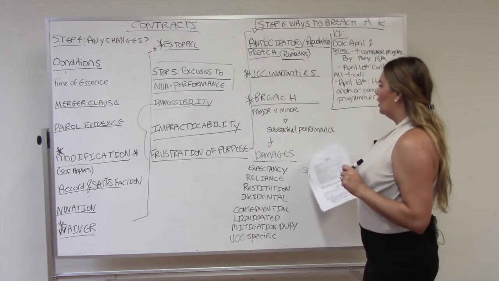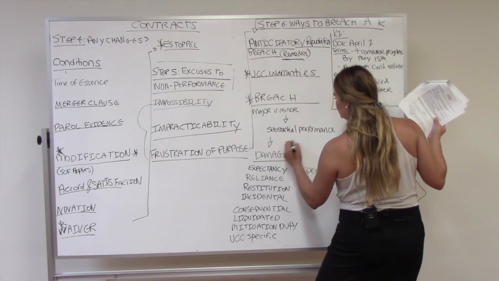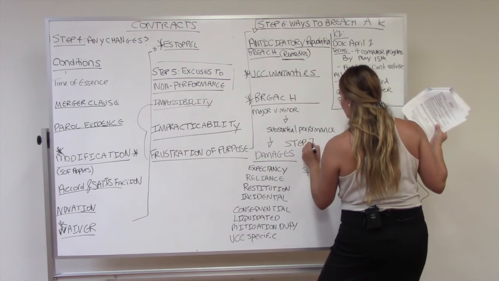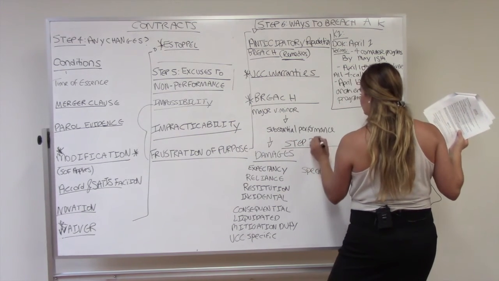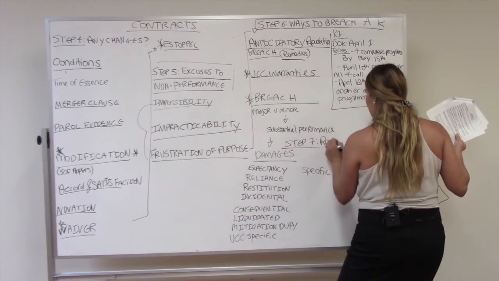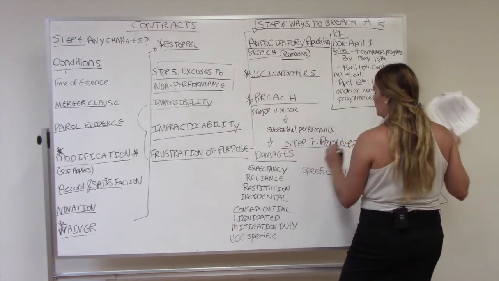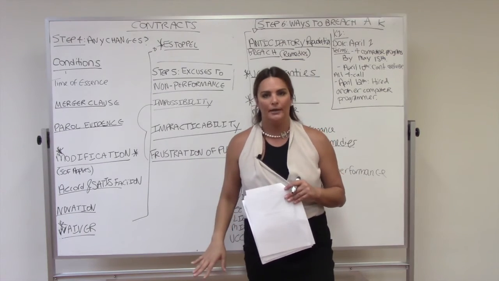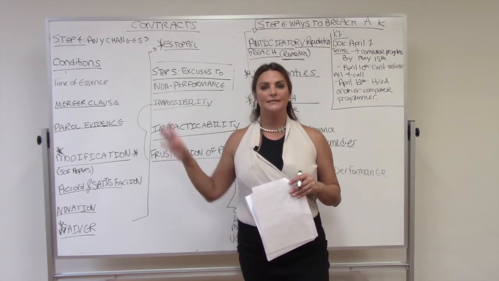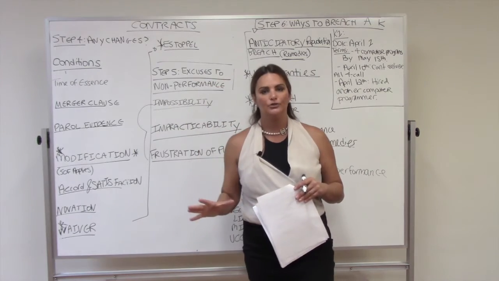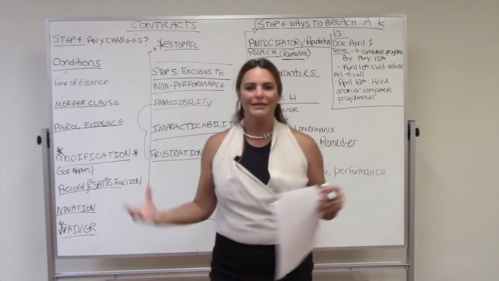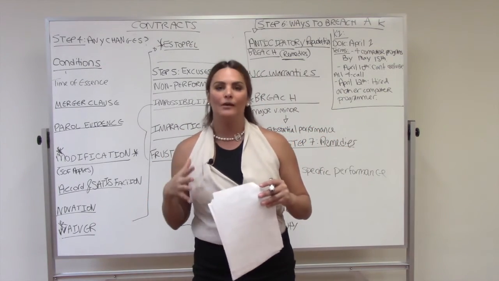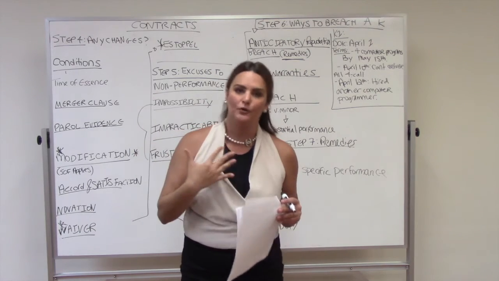Now, don't forget, and I have to label it, this is step 7. Step 7 is your remedies. Now, I cover remedies thoroughly in the remedies approach and material, so I'm not going to spend too much time on it right now. For purposes of part 1 and part 2 of contracts, we're dealing with the formation, the essence of the agreement, and then we're going into what happened after that agreement.